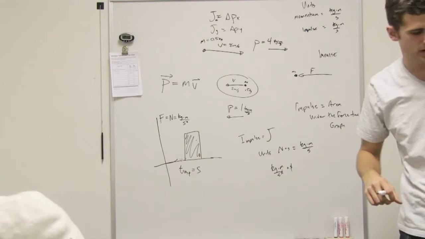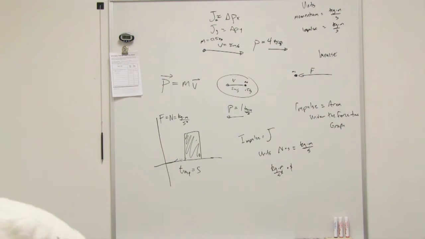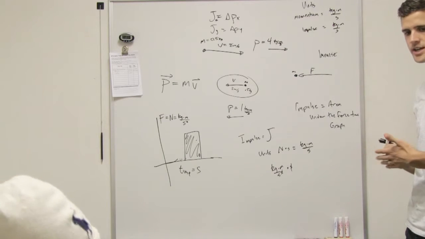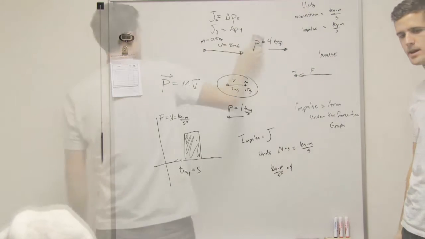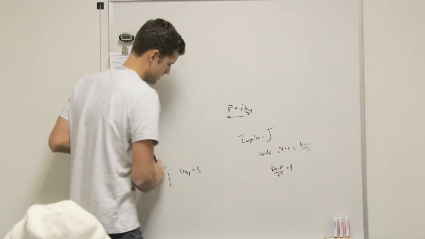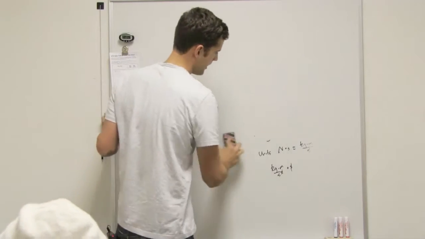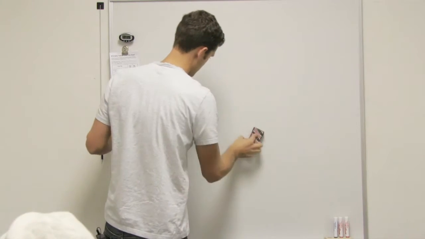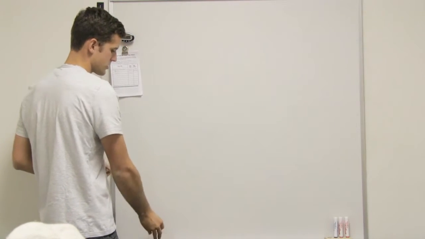So that means if you have an object with a certain amount of momentum and you apply an impulse to it, that impulse will change your momentum by that amount. So that's what impulse is defined as, the change in momentum. Yeah, they're related to each other that way. It's a relation, right?